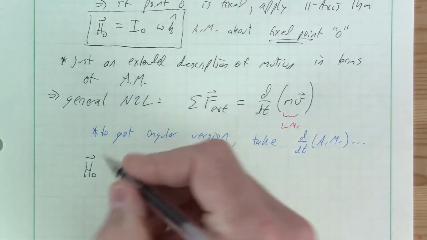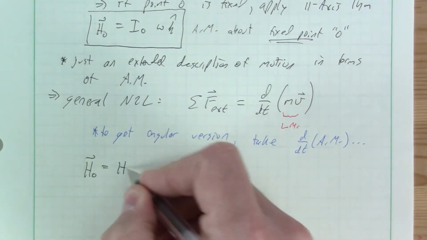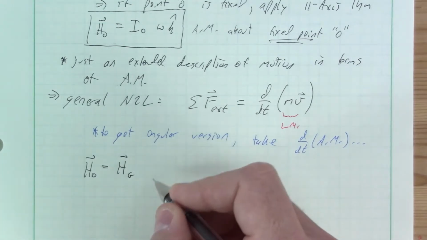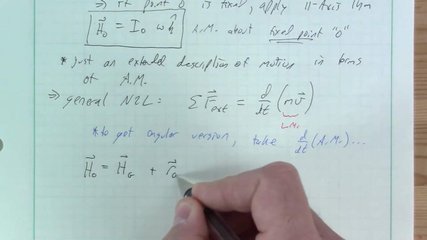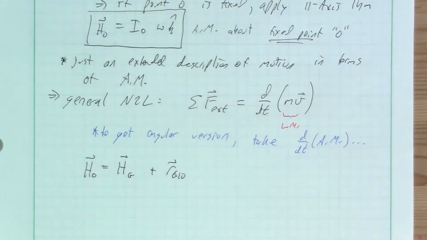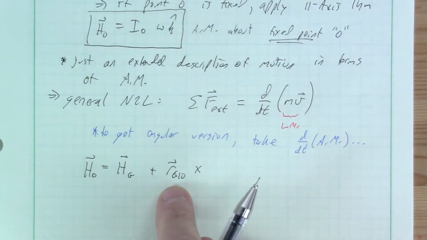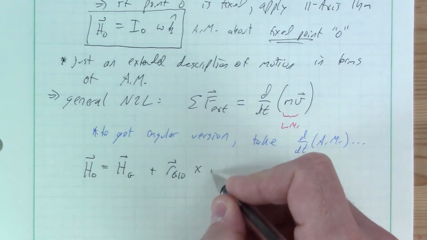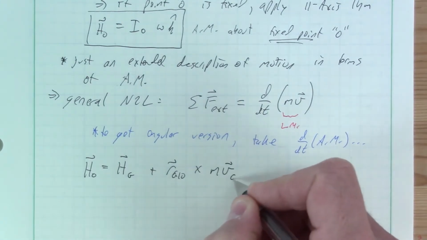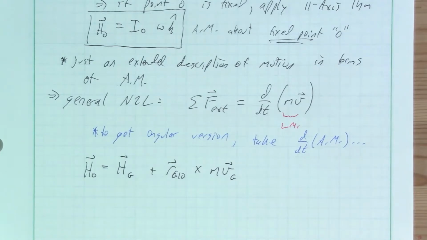Angular momentum about any arbitrary point is the angular momentum about the center of mass plus the relative position from the center of mass. It's really just the definition: it's the position vector of the center of the mass in the primary coordinate system crossed into our linear momentum of the center of mass.